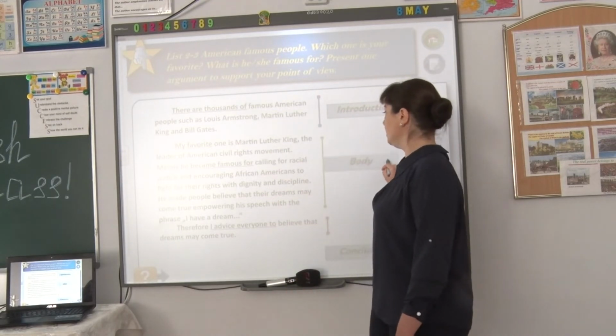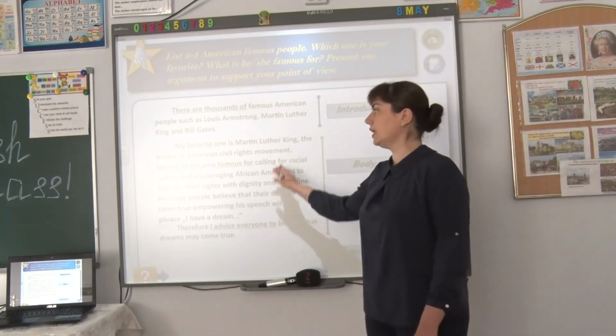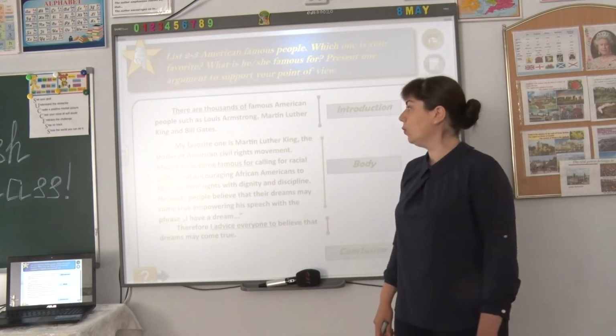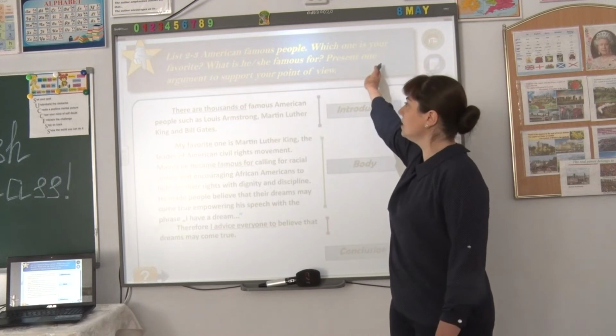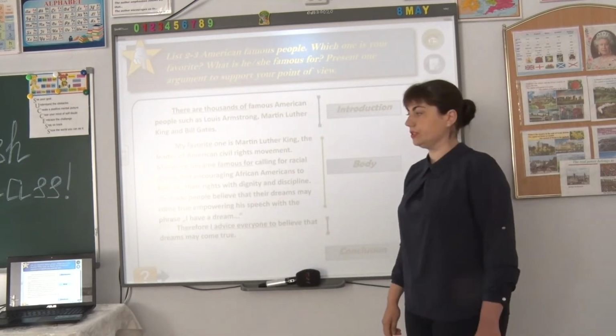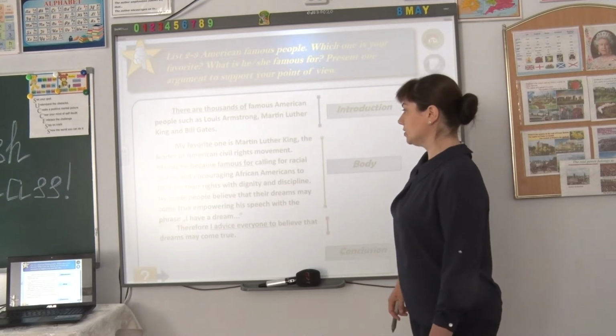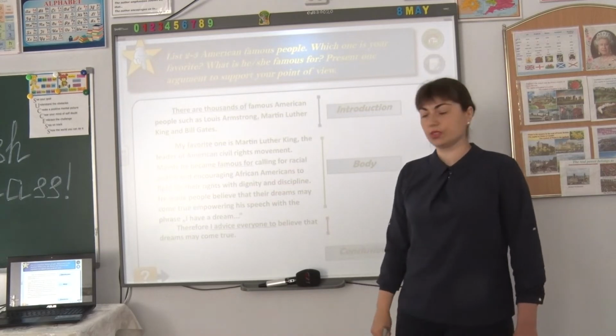What about the body of this text? He starts the second paragraph, the body, with the phrase, my favorite one, that is required in the second sentence, in a question. What is your favorite? And also, he gives the argument while justifying his point of view.